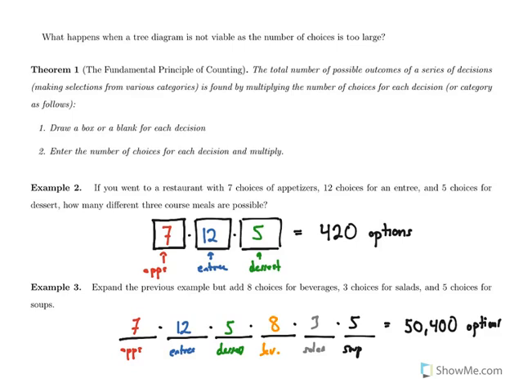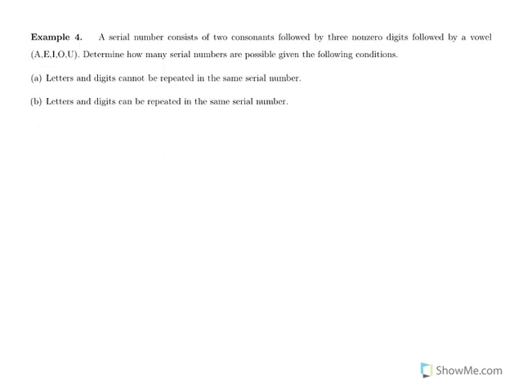So let's look at another example. A serial number consists of 2 consonants followed by 3 non-zero digits followed by a vowel. And in this case, we're going to call vowels A, E, I, O, or U. We're not going to consider Y a vowel. So then we're going to determine how many different serial numbers are possible given the following conditions.